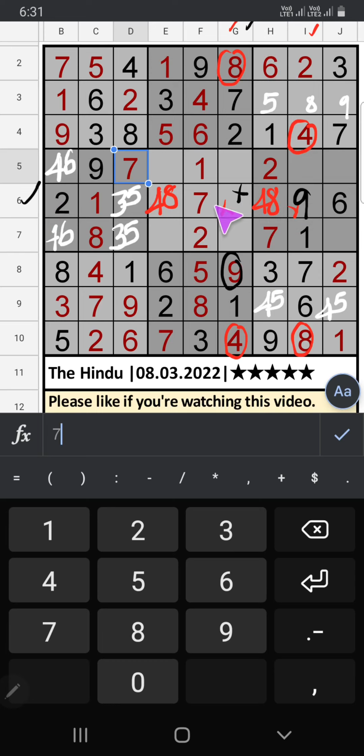Then only 2 numbers are remaining, 3 and 5. It will come in one of the cells. We will confirm later. Column I, we have 8 and 9, so 8 and 9 can't come in this cell. It will come in one of the cells. Then only one number is remaining, 5. 5 is confirmed here.